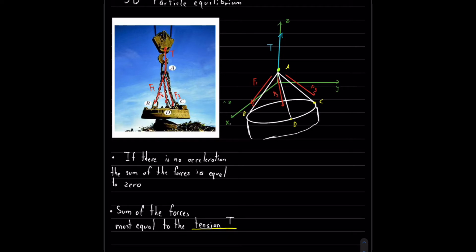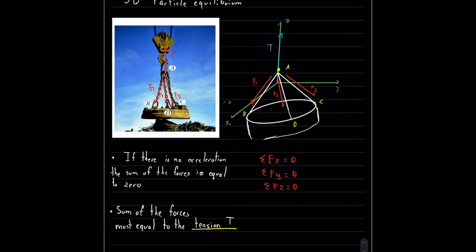Okay? And now, since we are in static equilibrium, the sum of all these forces of force 1, force 2, and force 3 are going to be equal to 0 in all directions, in the x, y, and z direction. Okay. Sum of forces in x is equal to 0, sum of forces in y is equal to 0, and sum of forces in z is equal to 0.